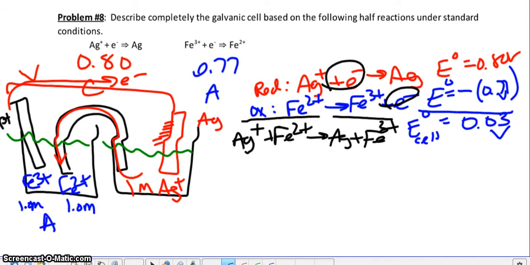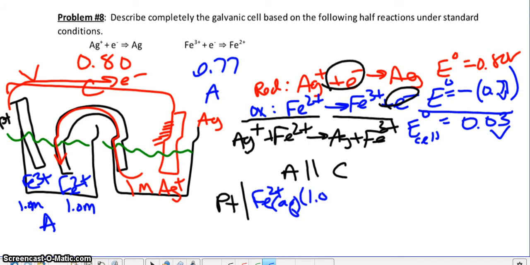So how do I do my line notation? Well, you have to put your electrode in for your anode, and that electrode happens to be the platinum. Now, what's platinum in solution with? It's in solution with iron 2 plus aqueous, and that's at 1 molar, and iron 3 plus aqueous, and that's at 1 molar.